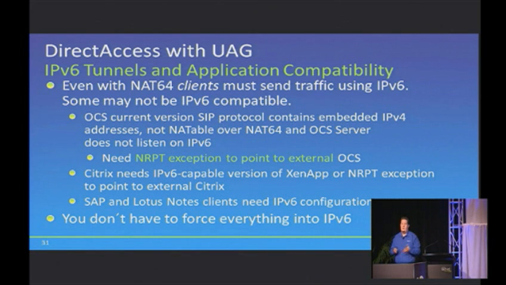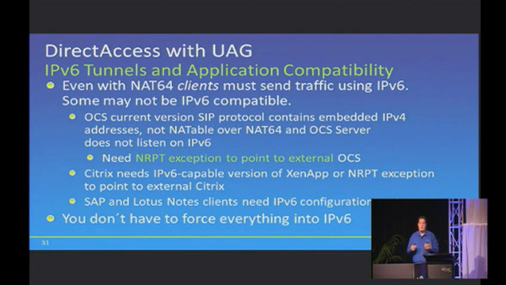What about if you have OCS or whatever client which is not capable of handling IPv6 connectivity? Some hard coding or some neat stuff that they have done with the clients, for example. There's no reason that you should use just the DA tunnels.